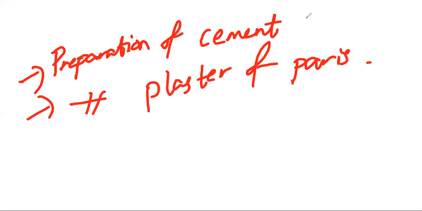Whenever you have a fracture, the bandage is made up of plaster of Paris, that white bandage, okay? That is called plaster of Paris. This is a hard, solid-like material. So these are the uses, and also for the plastering of walls, calcium sulfate or gypsum salt is used. Now we will be talking about plaster of Paris separately.